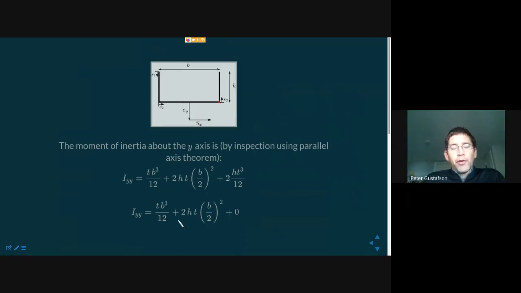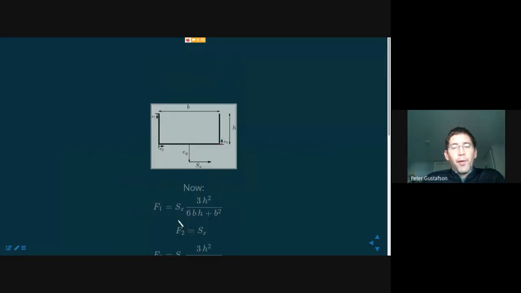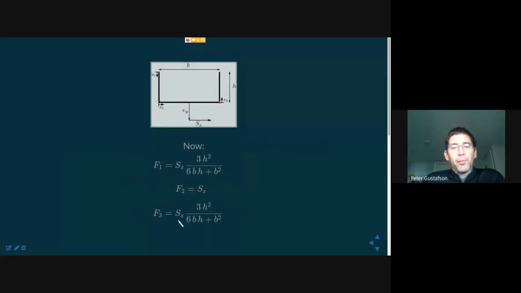And oh, by the way, this is computed about the centroid. Anyway, we get the parallel axis theorem. We plug that in, and here's what we see. I didn't reside very long on that parallel axis theorem calculation because that's pretty straightforward. You guys can do that on your own, and we're running out of time.